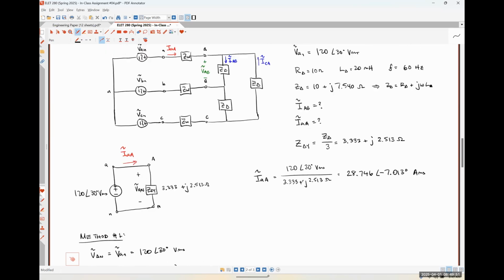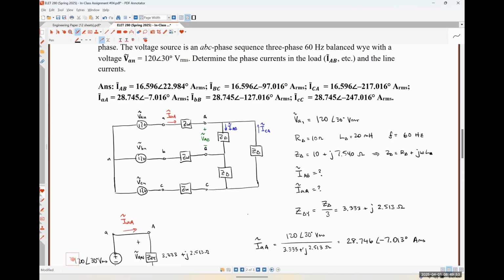And here, I'm using the real Z delta, not the transformed Z delta into Y. So that's the 10 plus j7.540 value.